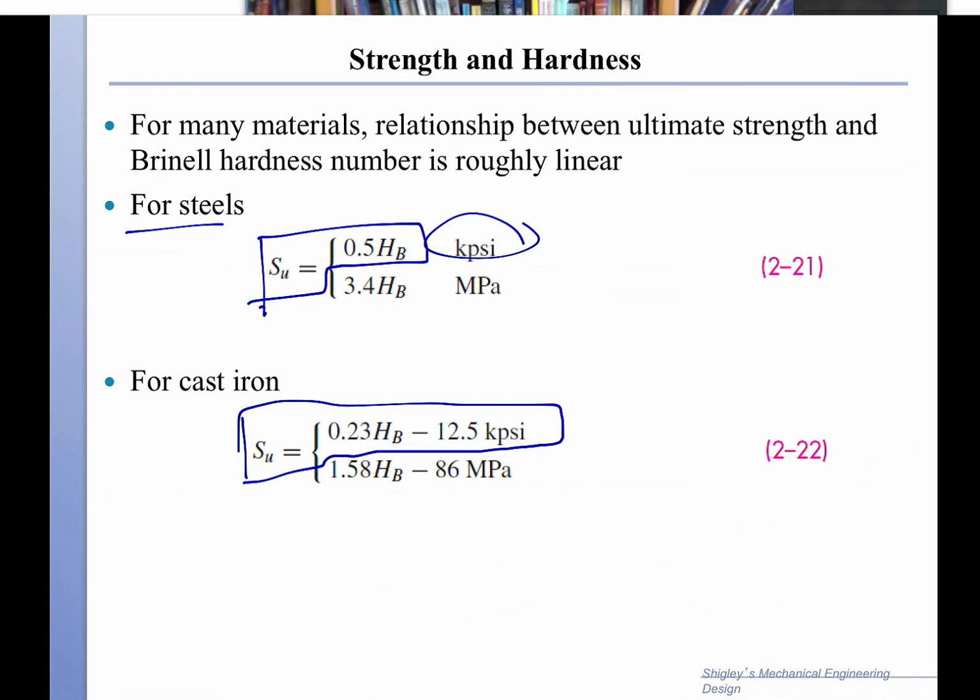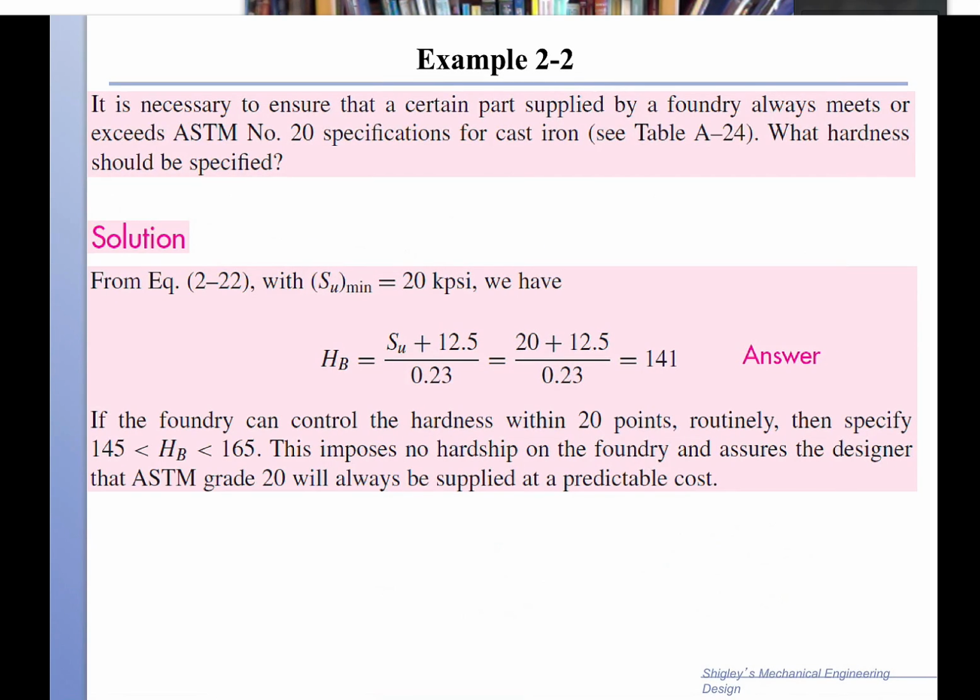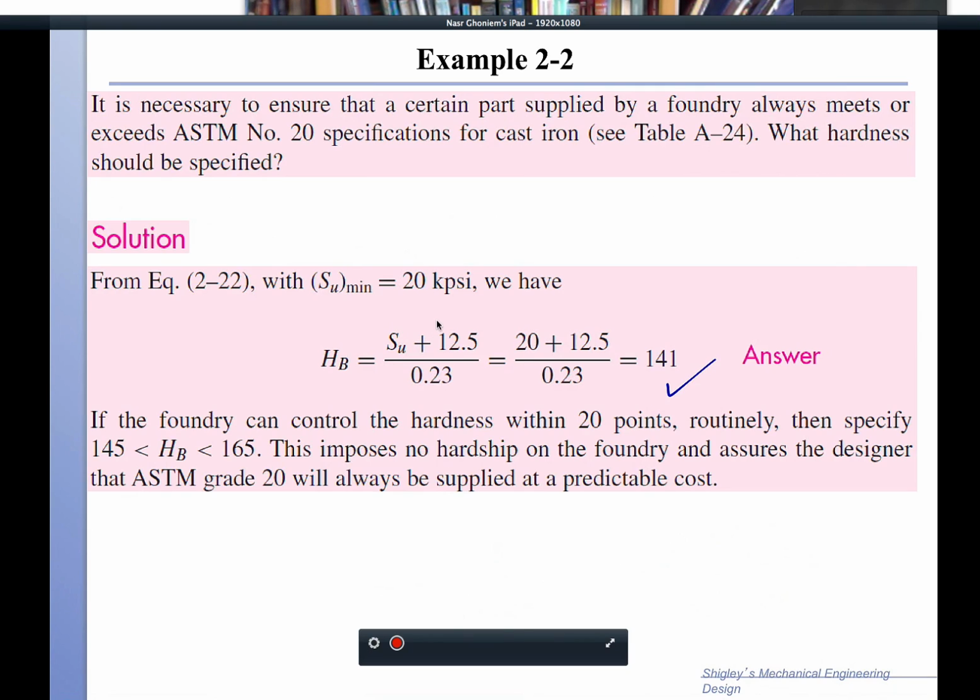So if you write it backwards, HB will be equal to S ultimate plus 12.5 divided by 0.25. If you do that, then you find that the HB that corresponds to 20 kpsi is 141.